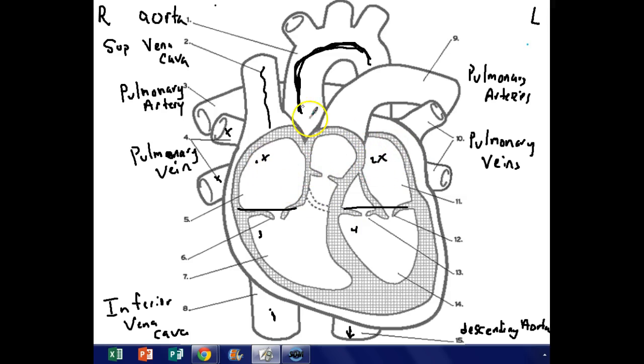Blood's going to trickle in here in this direction, and blood's going to come in from the pulmonary veins into this section here. So this would be your right atrium, which is number 5. Number 11, which I'll just write here, would be your left atrium. Atrium is Latin for collecting, because this is going to collect the blood.